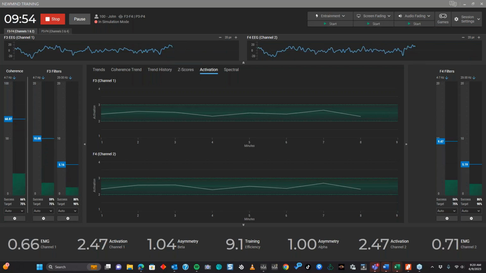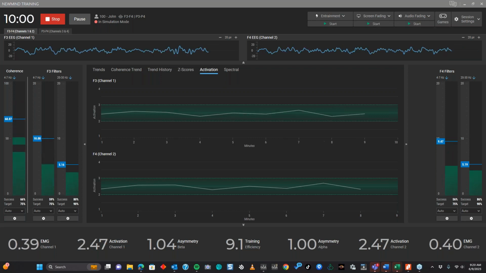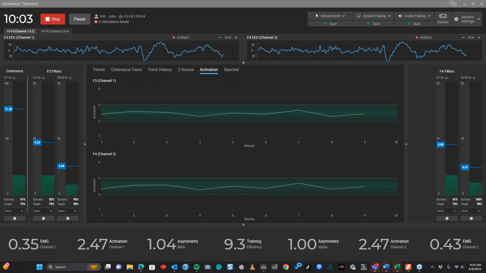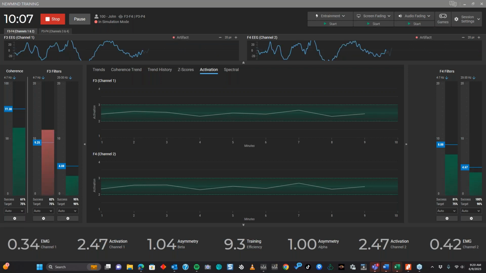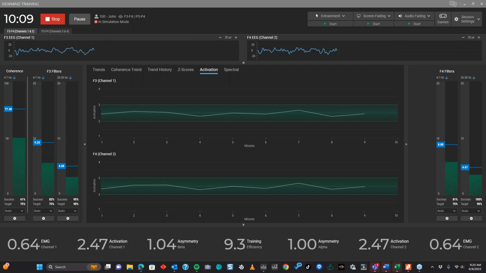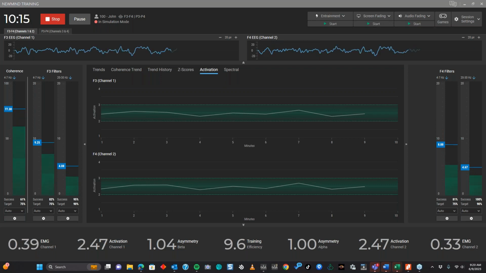So statistically, when the database looks at that map, it's looking to say what protocol would be the best to use here to get the quickest results. And so it is going to recommend protocol 3, but for those of you that aren't aware, protocol 3 is by far the most difficult protocol that's in the New Mind list.